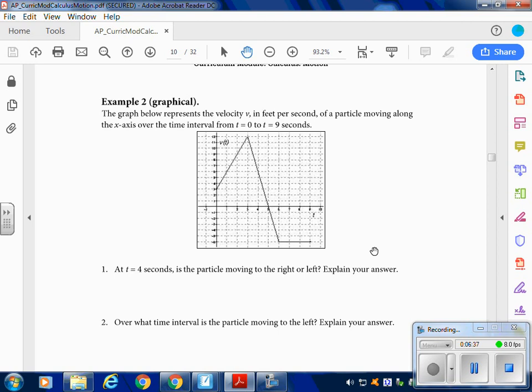If the velocity is increasing, the acceleration of the particle is positive. If the velocity is decreasing, the acceleration of the particle is negative. So all you have to be able to do is see if the graph itself is increasing or decreasing, and that tells you if your acceleration is positive or negative, which means am I really accelerating or am I decelerating? And in this case, I'm definitely negative because my graph is decreasing.